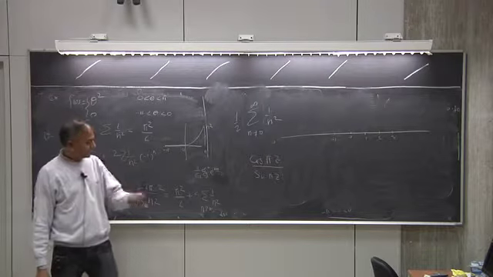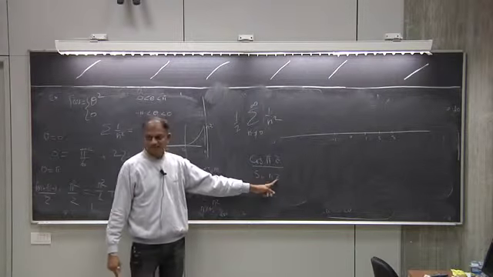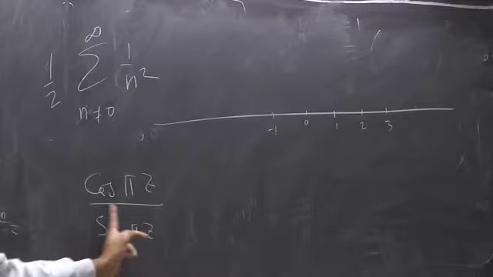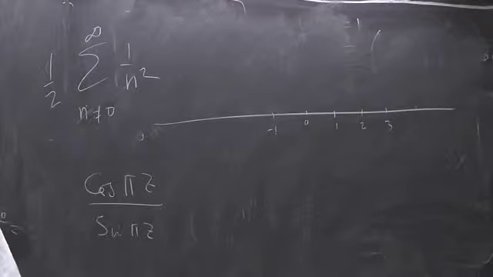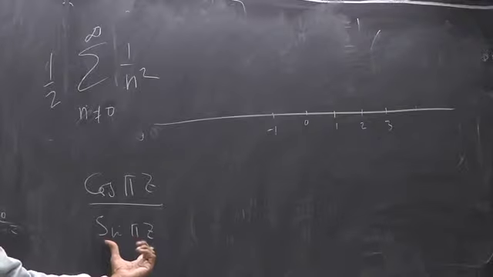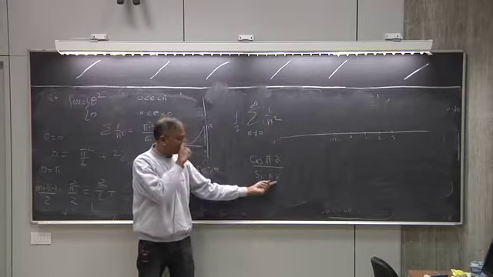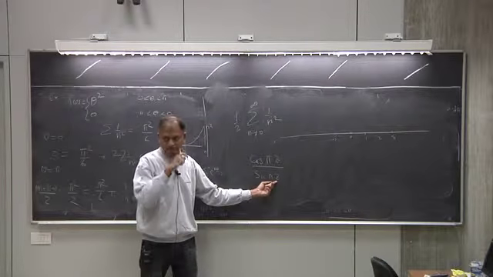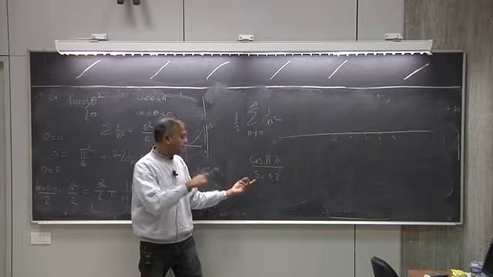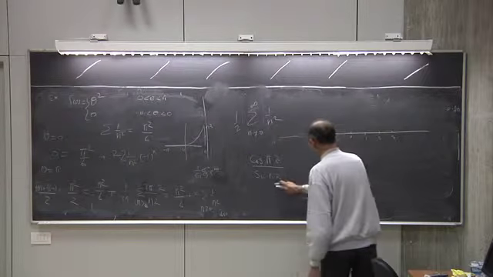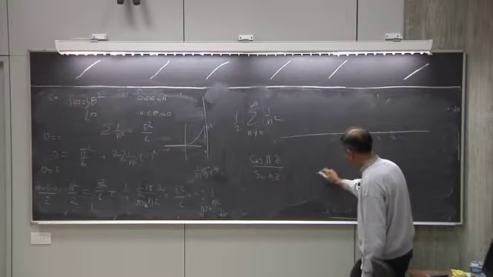Okay, so you see, for every integer z, the denominator goes to 0. Sine pi times any integer is 0, right? And when you look at the residue, let's look near z equal to 0. I want to look at how sine pi z goes.